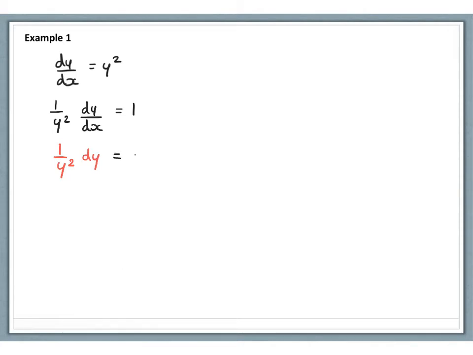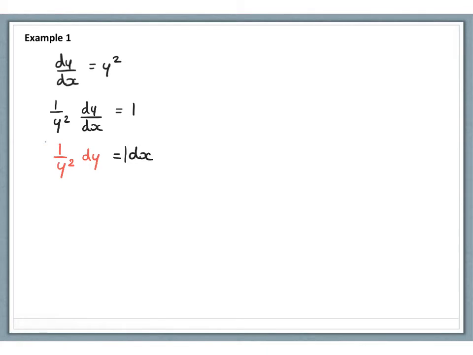Now, this is not a real piece of mathematics here, because of course dy by dx is a derivative. It is not a fraction. It is not some kind of division where we can multiply both sides by the denominator. So I have 1 over y squared dy equals 1 dx.